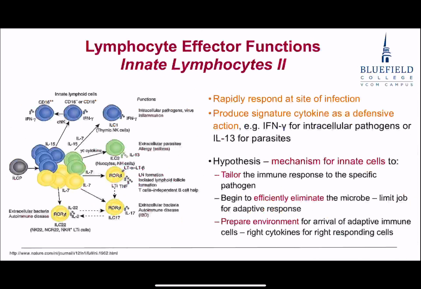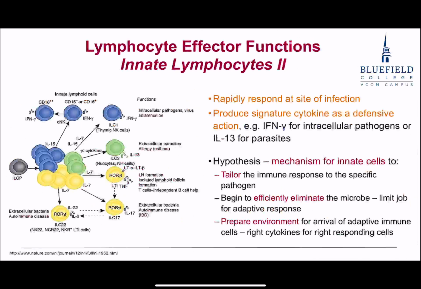So you have ILC1, ILC2, ILC3, however many there are at the moment, because of the differentiation and the set of cytokines that those cells express. Don't need to know what any of those are, but I would like you to appreciate you've got different specialized fine-tuning of the immune response, but different subsets of those cells that are then induced and differentiated to appropriately respond, to tailor that immune response to the exact pathogen that we need.